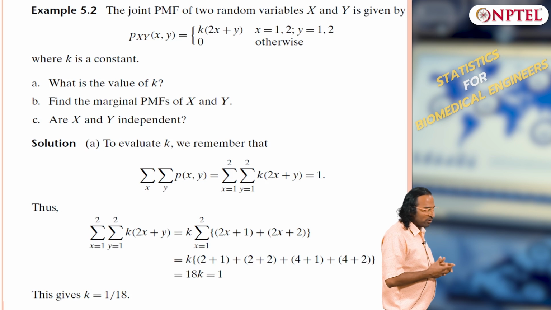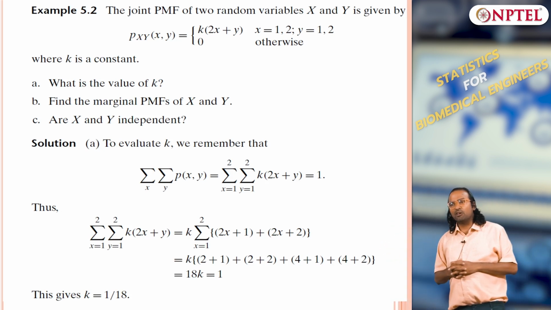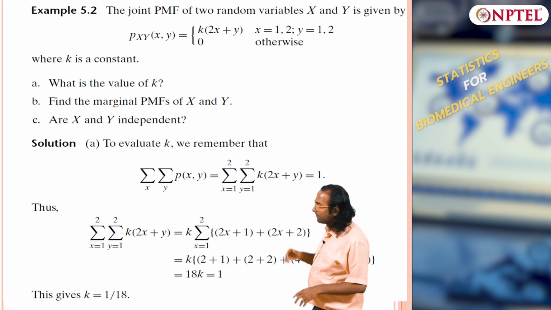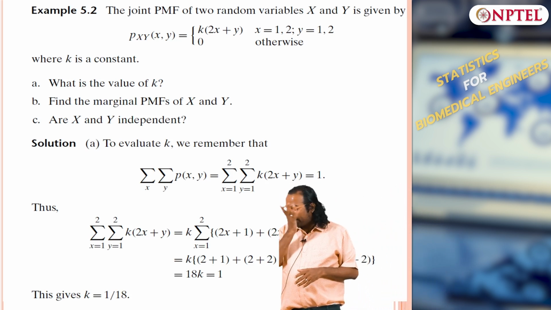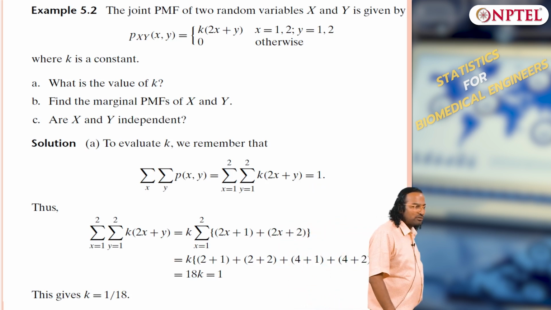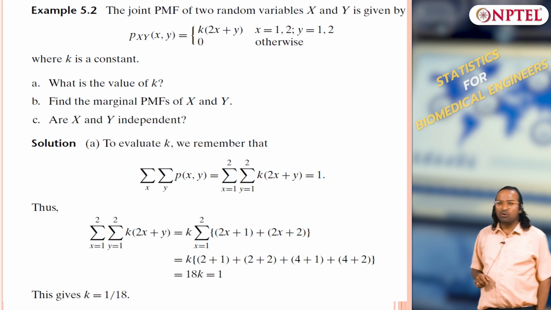Now the first question I have asked is, what is the value of k? How do I find the value of k? What idea did I use? I have also written down the solution. The probability of the sample space should be equal to 1.